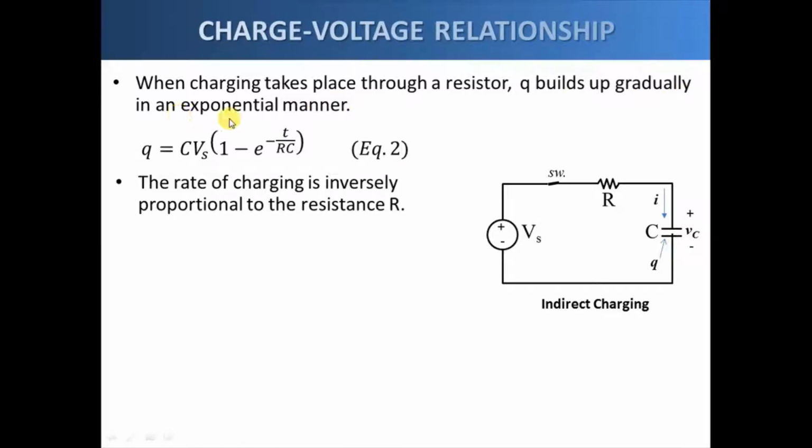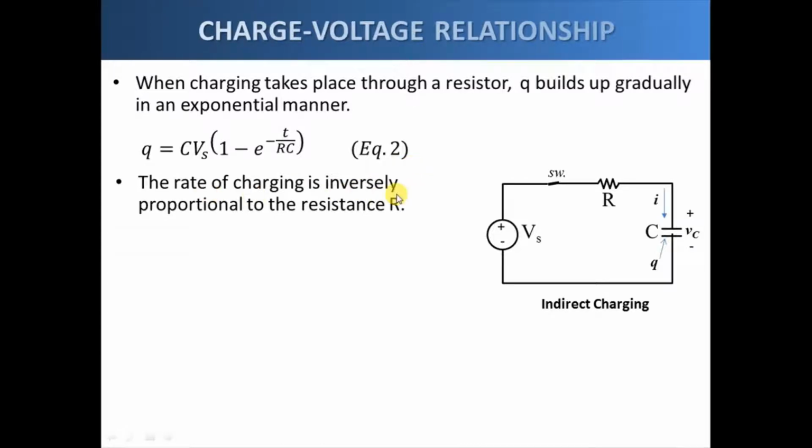In fact, it will be charging the capacitor in an exponential manner given by this relationship. We'll derive this later once we go to a more detailed examination of RC series circuits. Now let's call this equation 2.